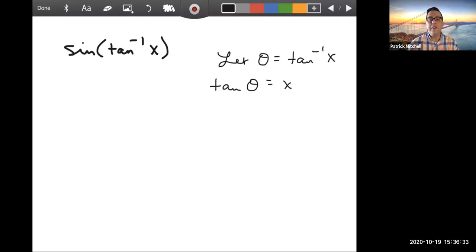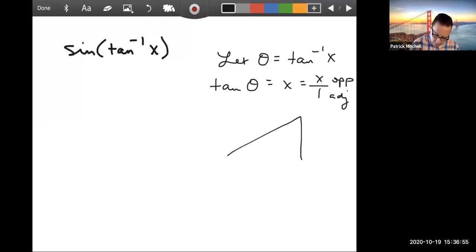So what I'm going to do now is use some old hippies came around here tripping on acid. And for that to work, I need the tangent value to be a ratio. So I'm going to write this x as x over 1. In other words, I want to know what's the opposite and what's the adjacent. So then my right triangle will look something like this. The opposite is x, the adjacent is 1.